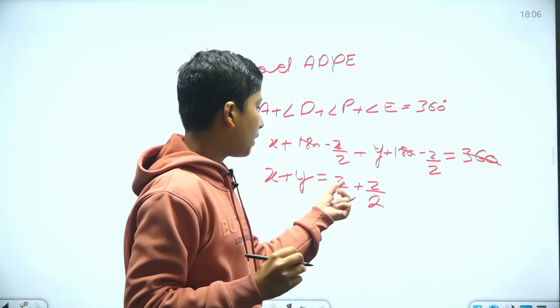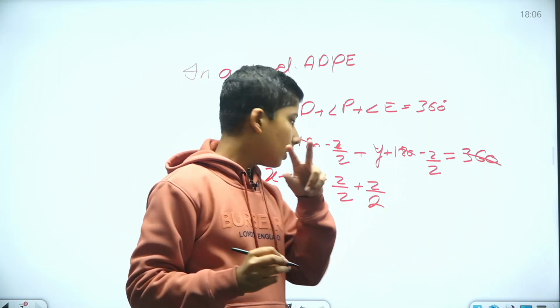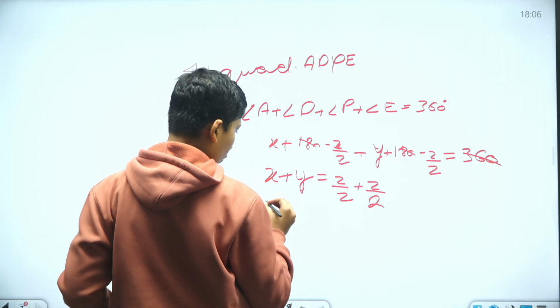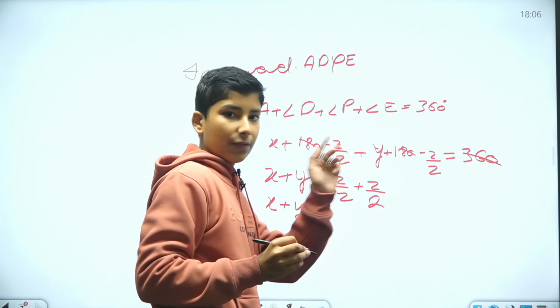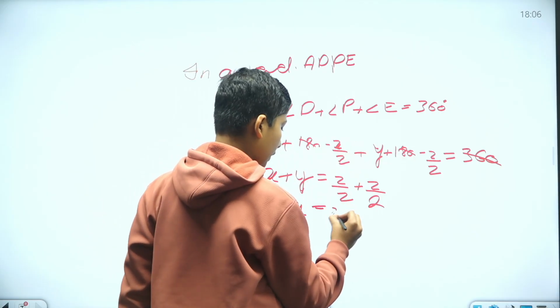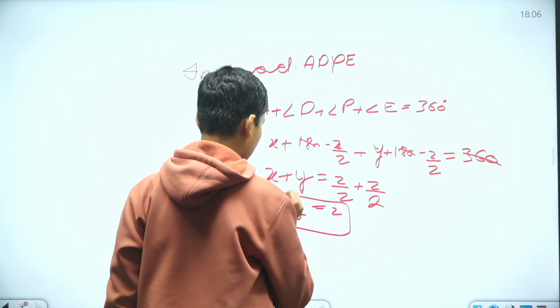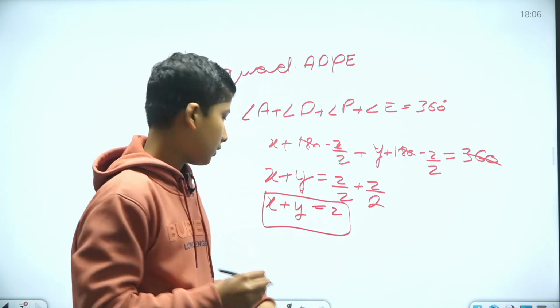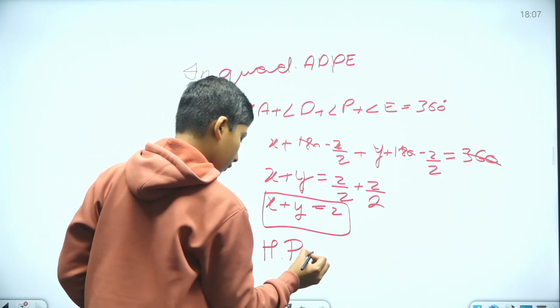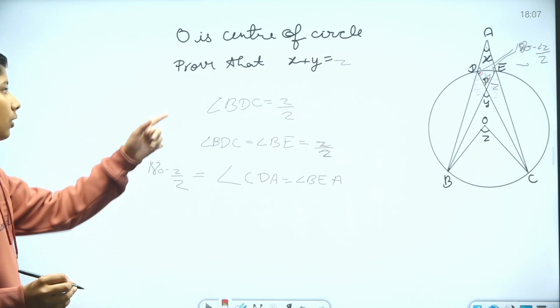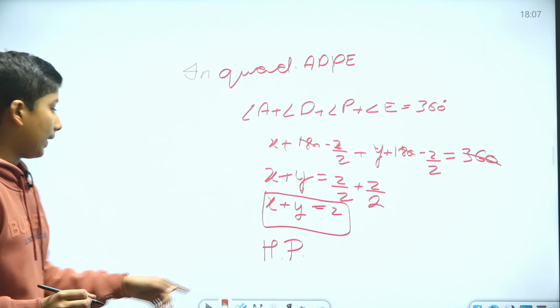Okay, z by 2 plus z by 2, 2 common, 2z upon 2. So it will be x plus y, half plus half equal to 1. So x plus y equal to z. Hence proved. This was given to prove and we have proved it.